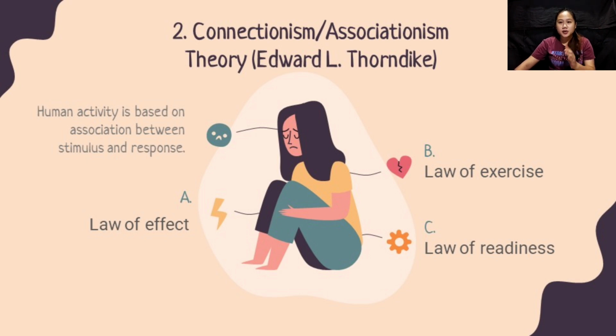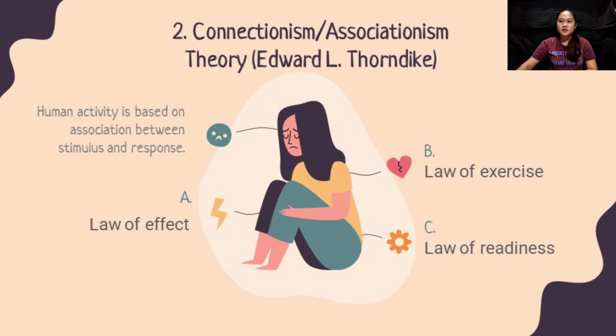So this type of learning is evident when the learner encounters problematic situation that must be solved and overcome to a goal. So Edward L. Thorndike has three laws, which are the law of effect, law of exercise, and law of readiness.